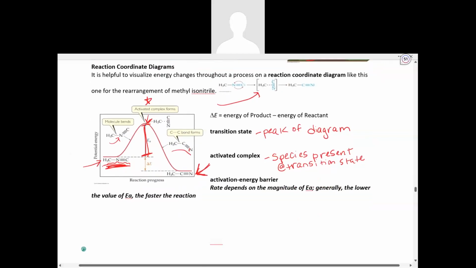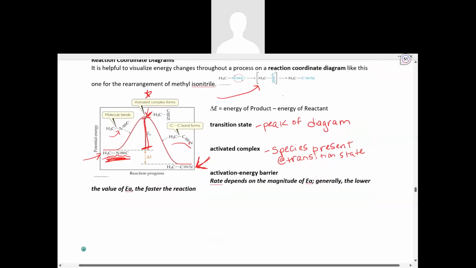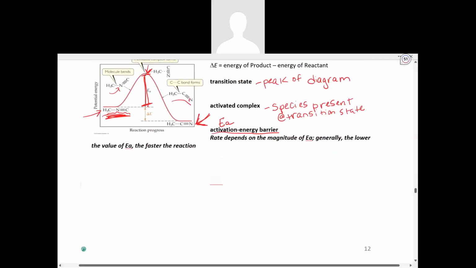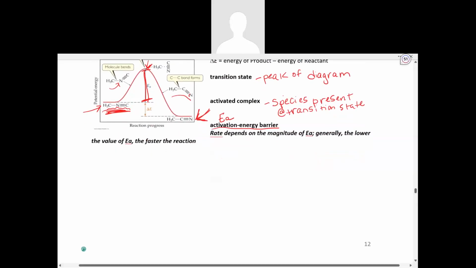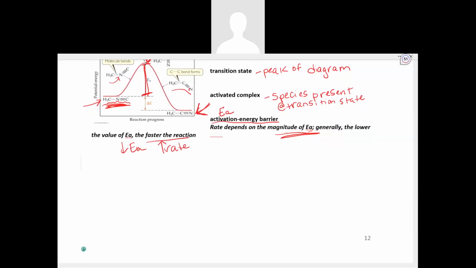And this is the corresponding energy for that reaction to take place. So once again, we have this activation energy, which is commonly abbreviated E sub A, and that's our energy barrier to go from reactant to product. And depending on the magnitude of this activation energy, we can generalize that the lower the activation energy, the higher the rate of reaction, the faster the reaction.